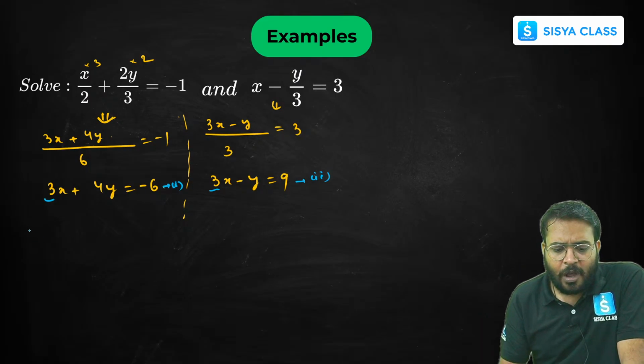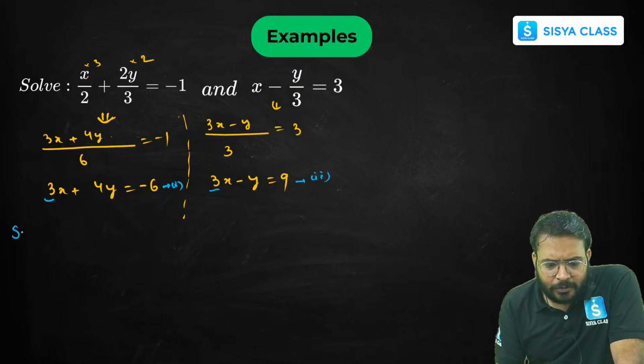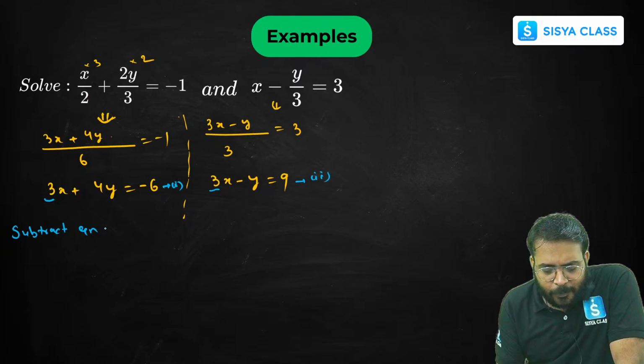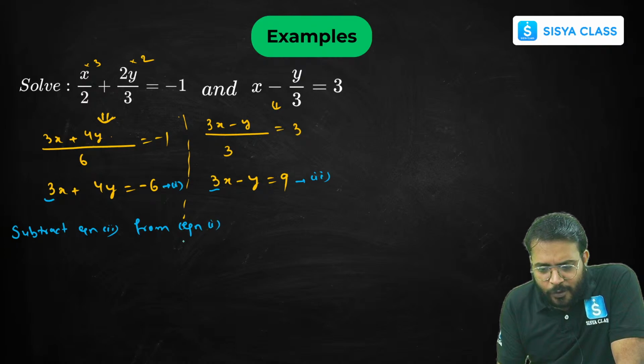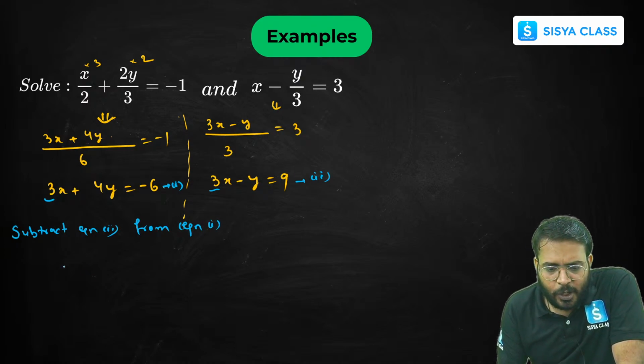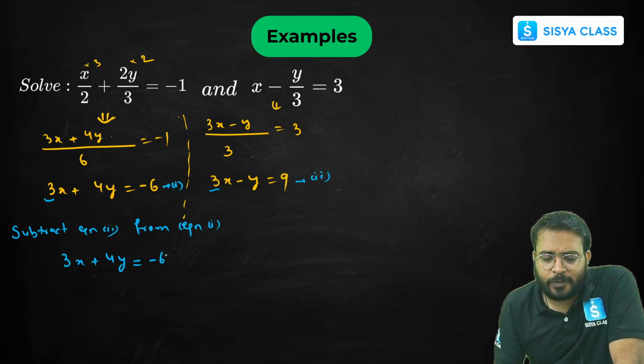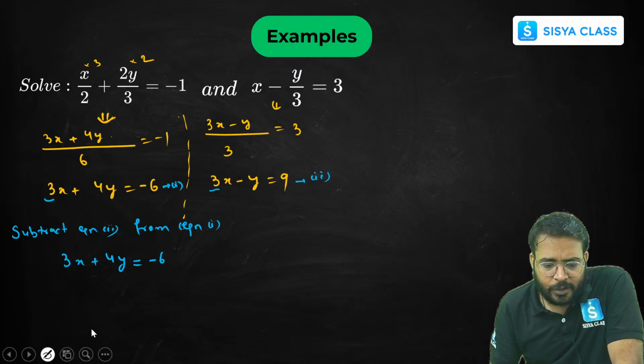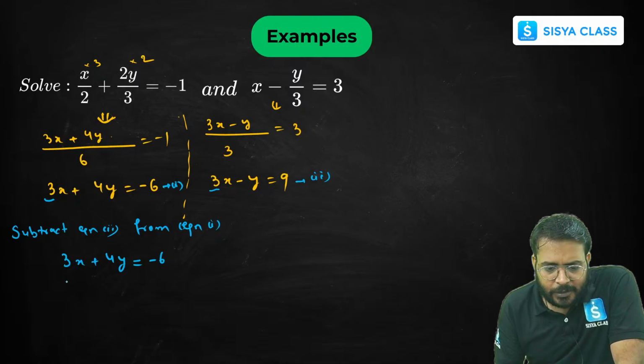So what I will do, I will now subtract equation 2 from equation 1. Equation 1 is 3x plus 4y is equal to minus 6, and my second equation is 3x minus y is equal to 9.